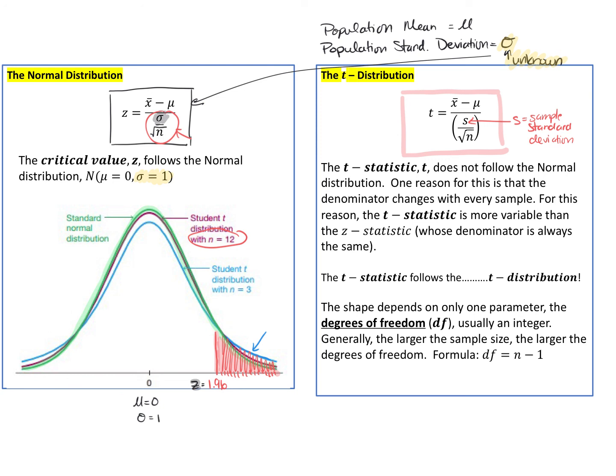Anytime we're working with the t-distribution, since we don't know sigma, what we focus on instead is what's called degrees of freedom. There's a formula for finding your degrees of freedom. It depends on the sample size, and that formula is simply to take n, your sample size, and subtract 1 from it. And then we'll end up using table A3 to find our critical values.